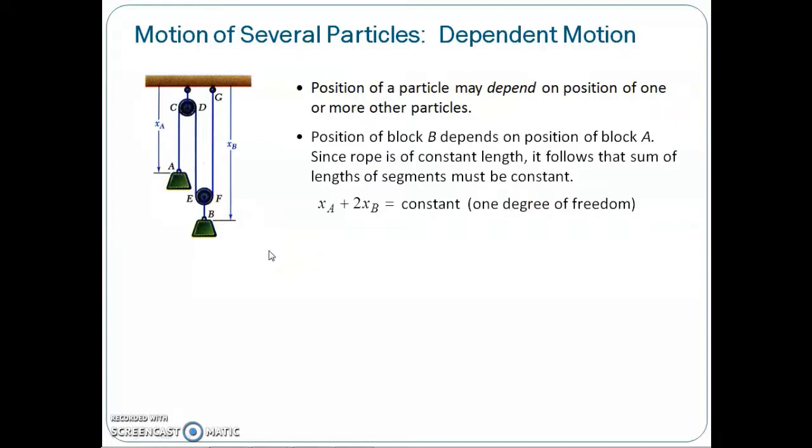Since only one of the two coordinates xA and xB can be chosen, we can say that this system has only one degree of freedom.